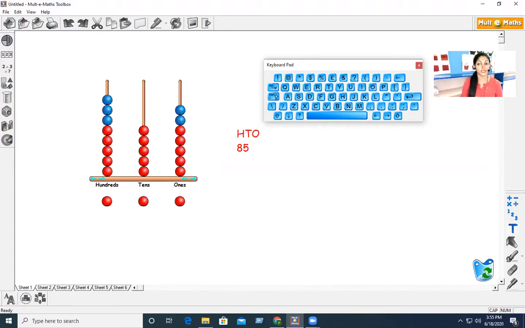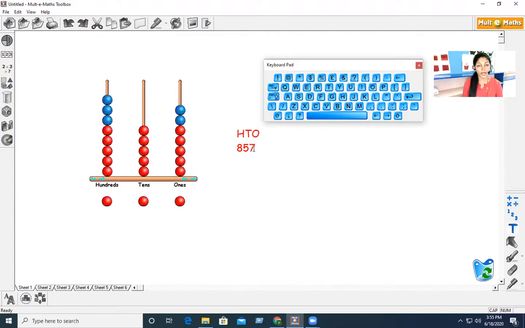And in the ones place, we have 7 beads, so I'm going to write 7 in the ones place.